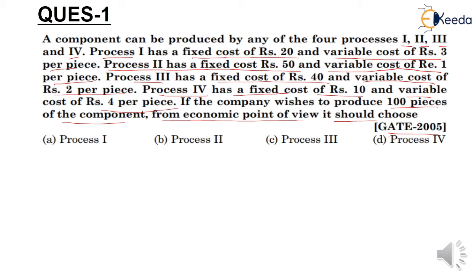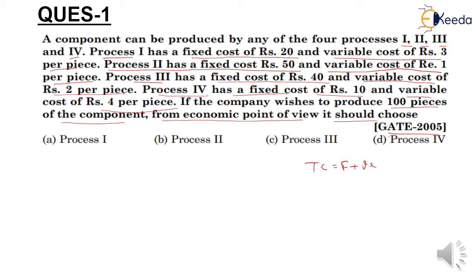Okay. So here in the question we have to find out which process is the best from the economic point of view. So apply the concept of break-even analysis and the concept of total cost. If we find the total cost of all processes, the total cost is nothing but fixed cost plus variable cost.